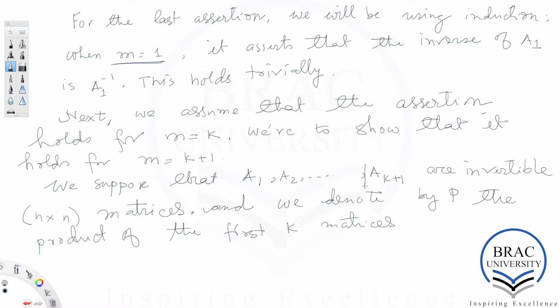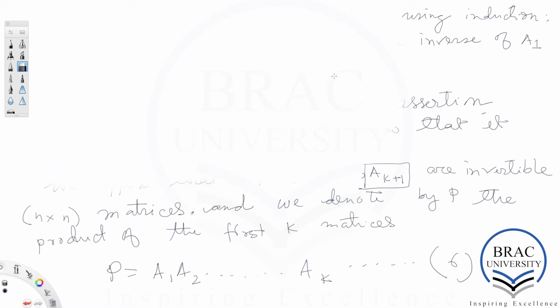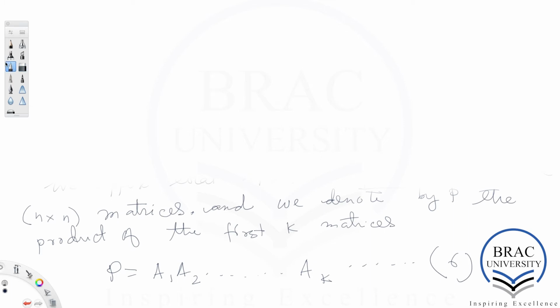We forget the last matrix and take the first k matrices, and denote their product by P. That is, P is equal to A1, A2, all the way up to Ak. This is our equation number 6. I need some room and hence I erase this part.